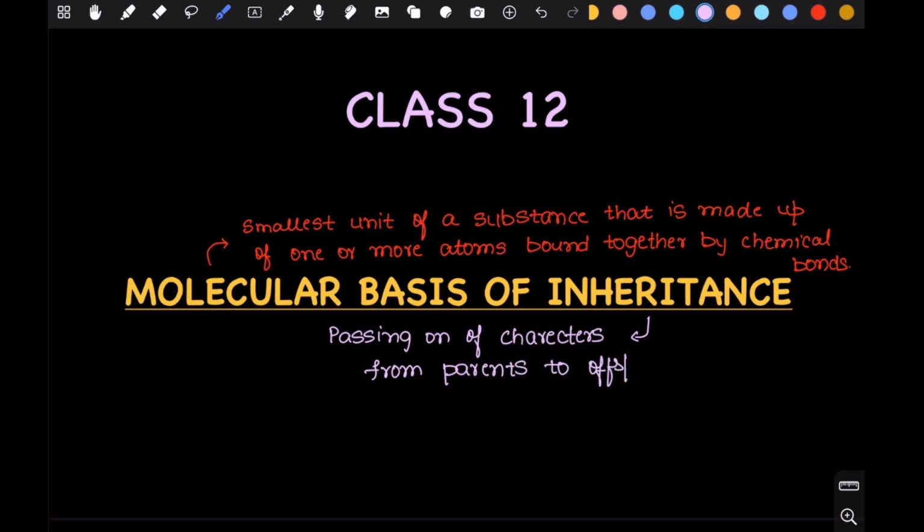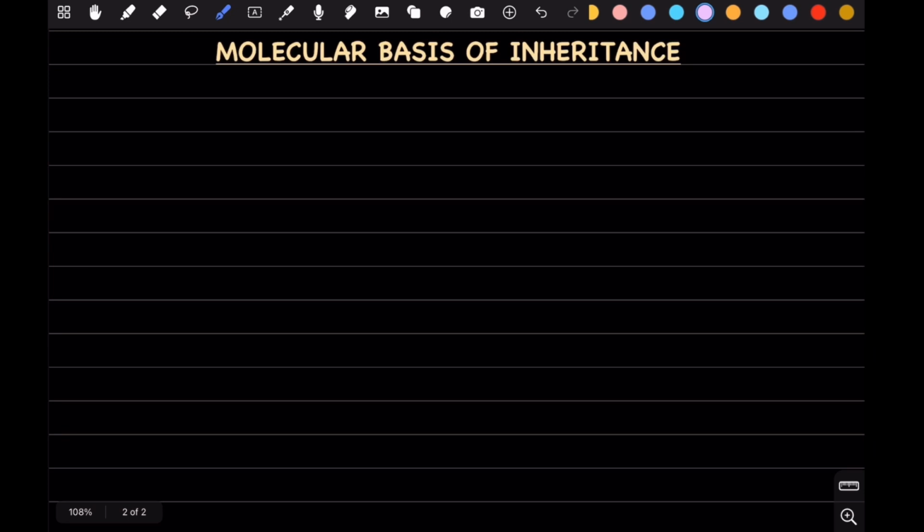So entirely this name, molecular basis of inheritance, means what is the basic unit of inheritance, the units which are responsible for inheritance. We have learned that the physical unit of inheritance is the chromosomes. Now what these chromosomes are made up of is what we are going to learn in this chapter.